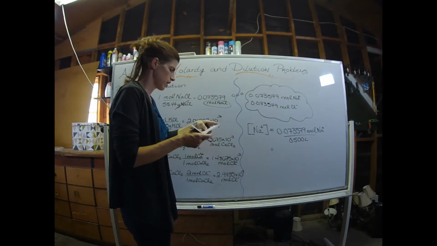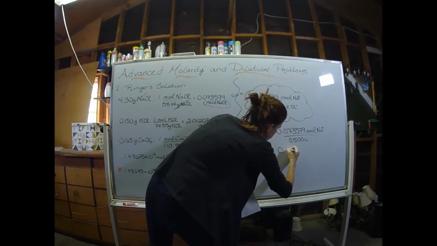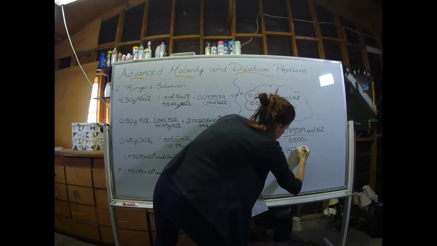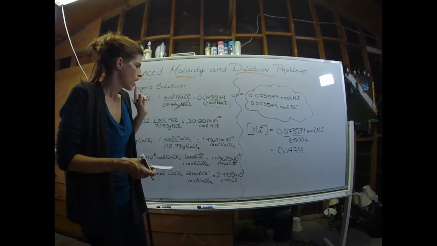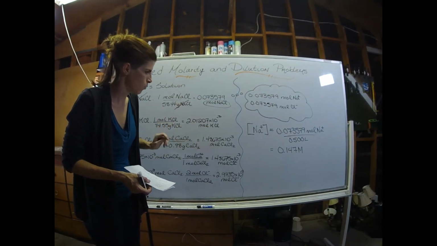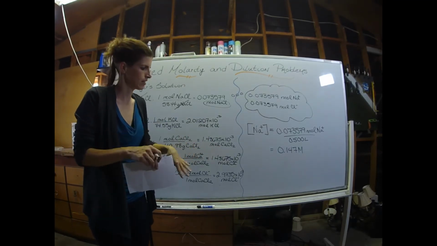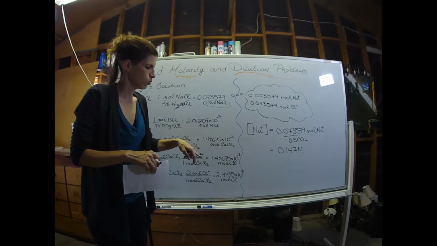And so I got a concentration of sodium ion at 0.147 molar. I'm going to set up potassium the same way and calcium the same way. And then we'll come back to discuss what's going on with chloride.